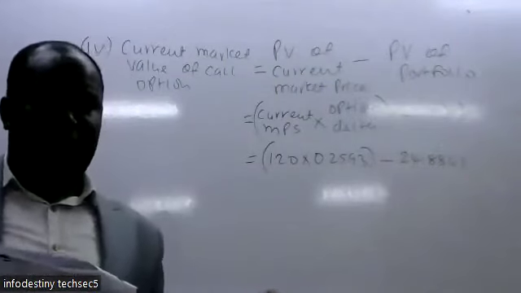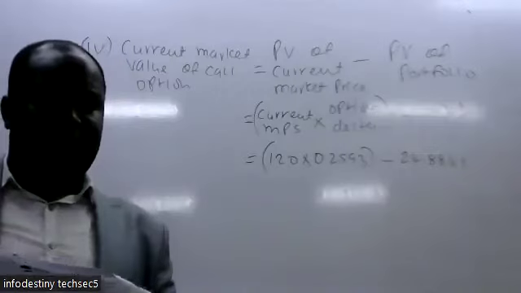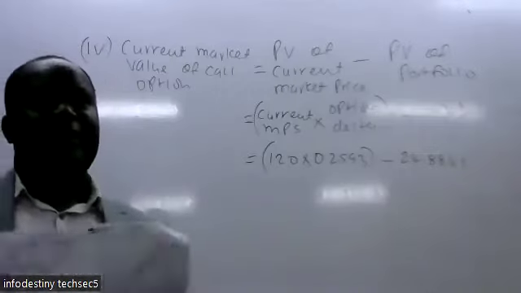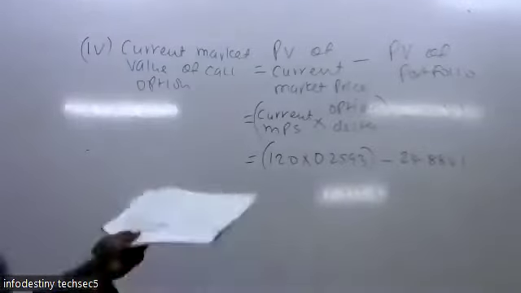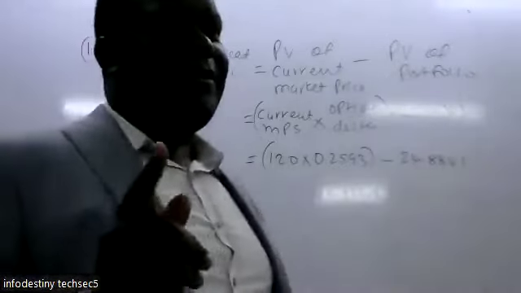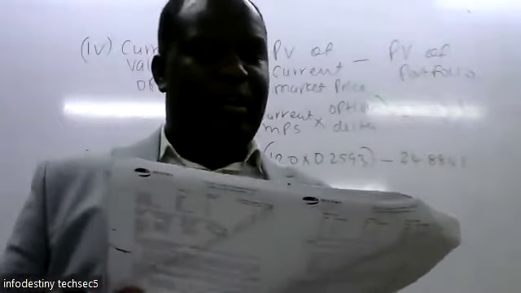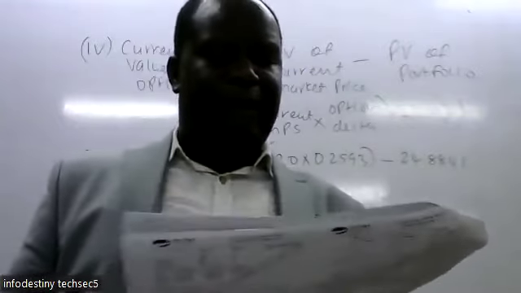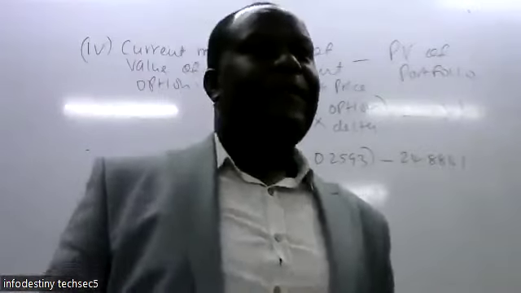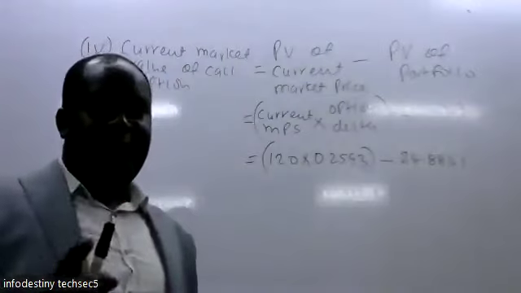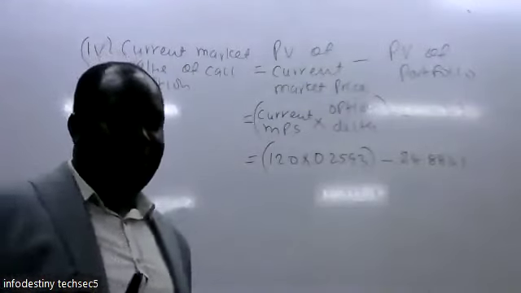So that question reads that XYZ Limited shares are currently selling at 10. Then the share price will increase by 5% or reduce by 5%. They have not given those prices, but you calculate them.